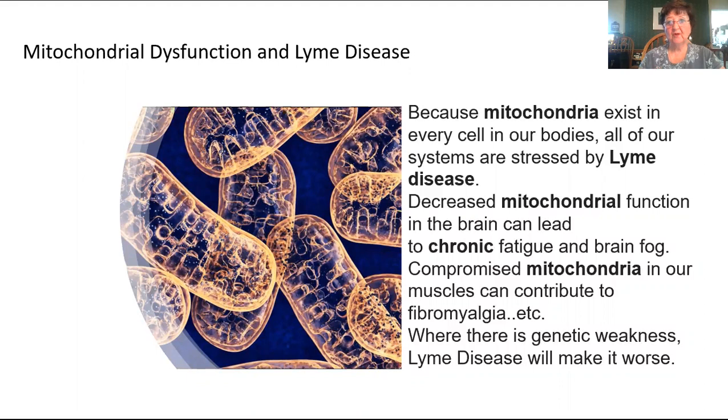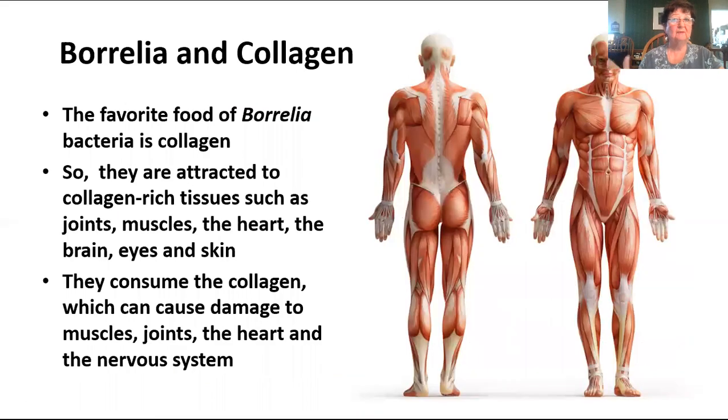It can be joint health, it can manifest as rheumatoid arthritis, and of course, then they treat the rheumatoid arthritis, but they're not treating the real cause, which would be this bacteria. So wherever there is genetic weakness, Lyme disease will make it worse. And that's the whole thing behind it.